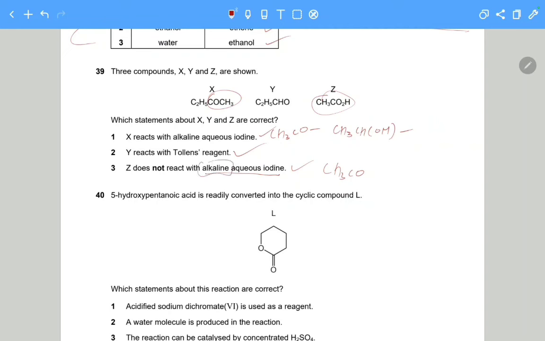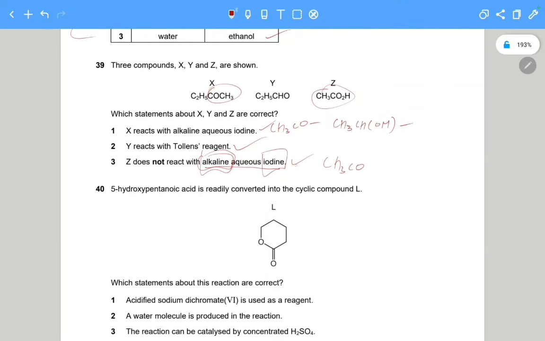So it will react, but it will not react with the iodine. It will only react with the alkali. So this is correct in the sense that it will not react, and therefore the answer is A.